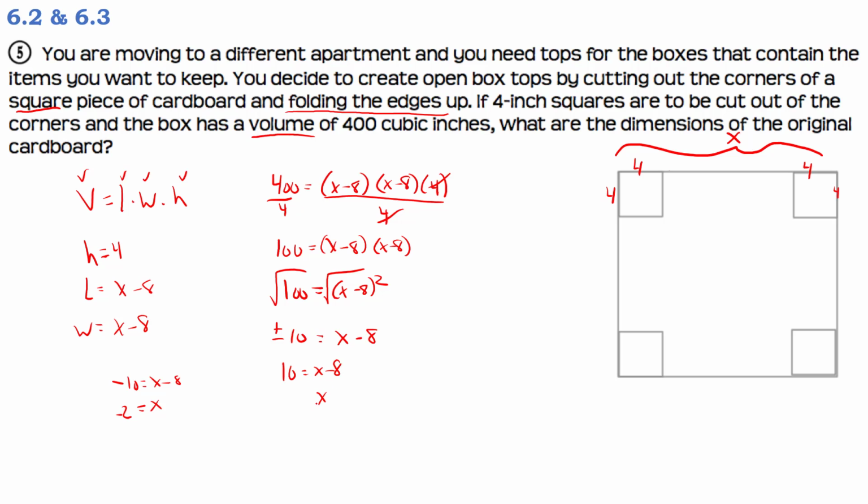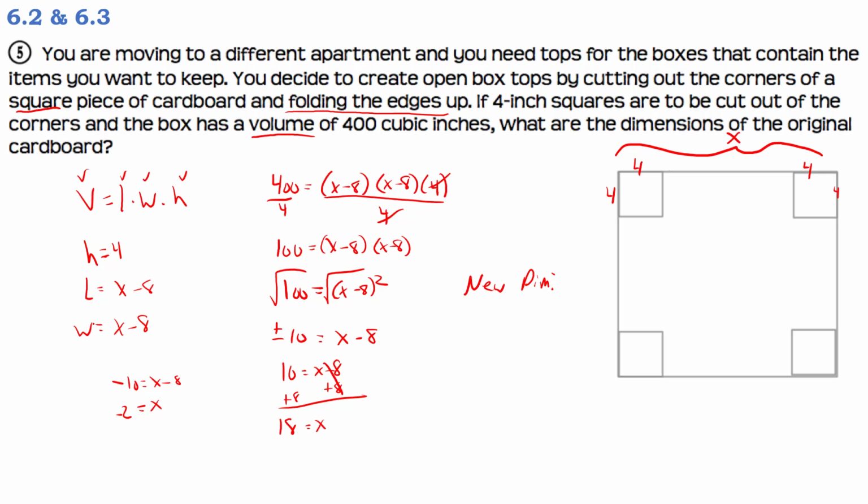So our x, well, let's go ahead and write that out. We add 8 to both sides. So the 8's go away over here, and we're left with 18. 10 plus 8 is 18 equals x. Okay, so now let's find the new dimensions that we're going to have to deal with. Since we already know what the equations are for those values, our height is going to be 4 still, right?